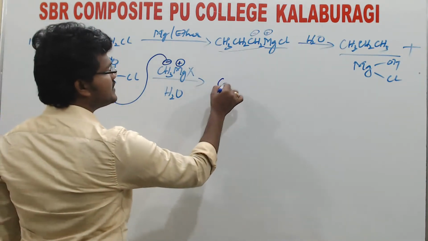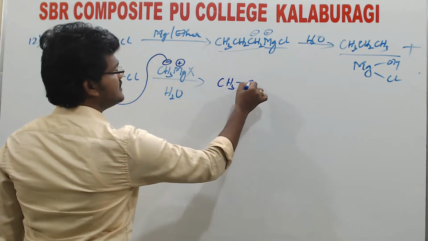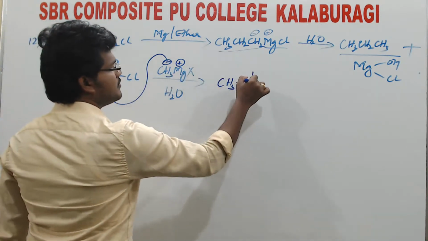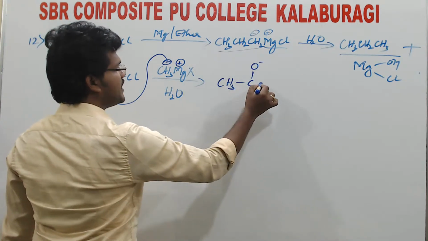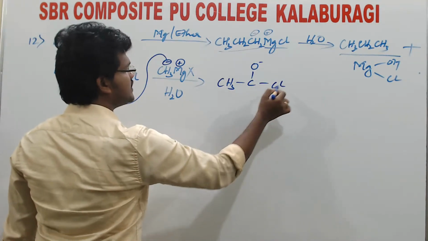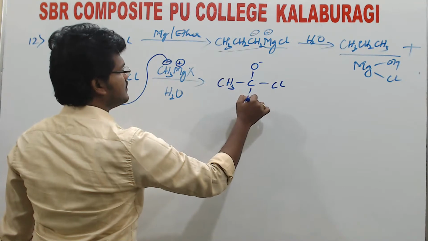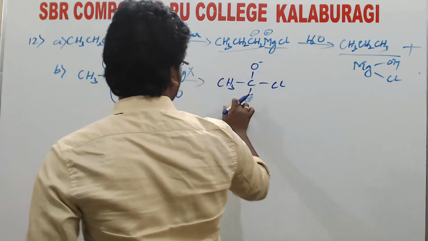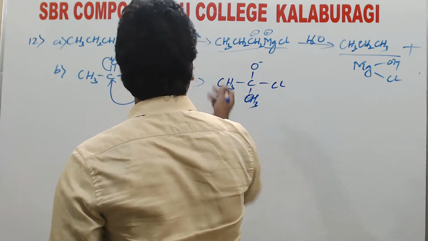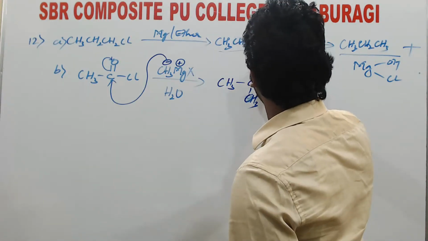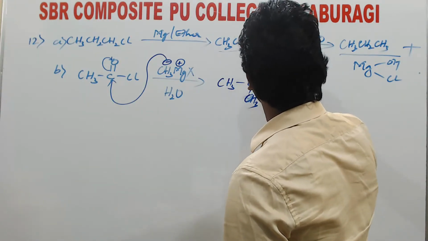So I'm going to get CH3, C, the double bond O will become single bond O minus, and I'll be having chlorine over here. Then CH3 will come and attack. At last, if I add one more mole, it will come over here and chlorine will go out.